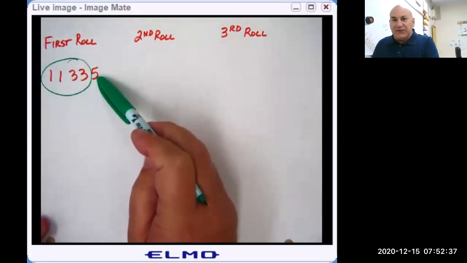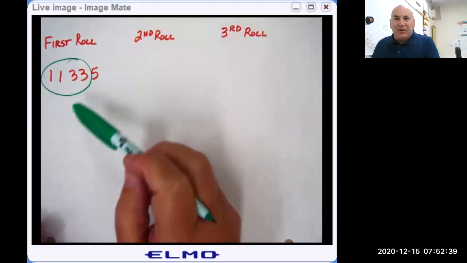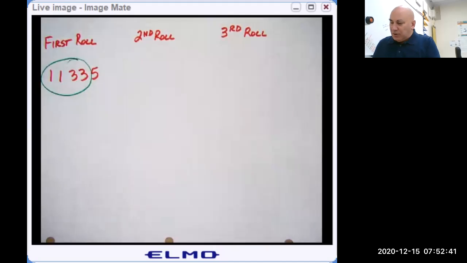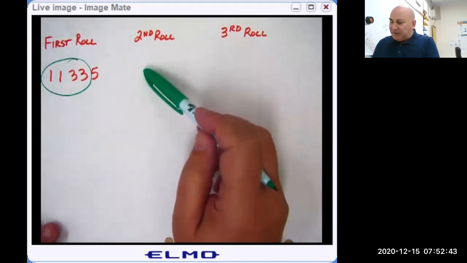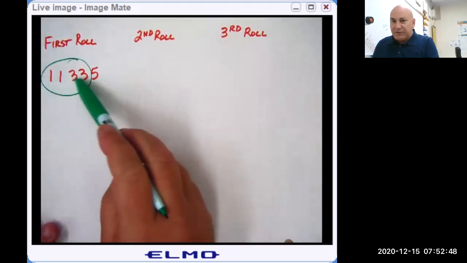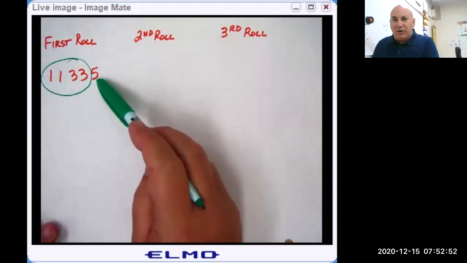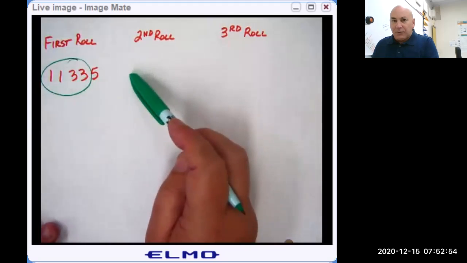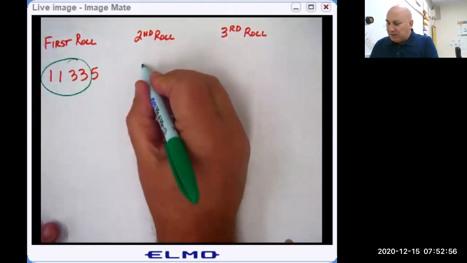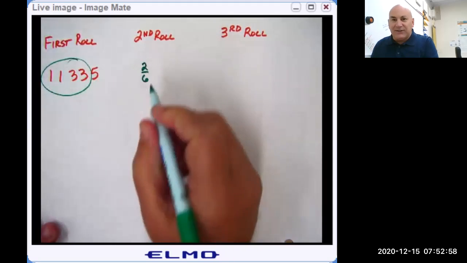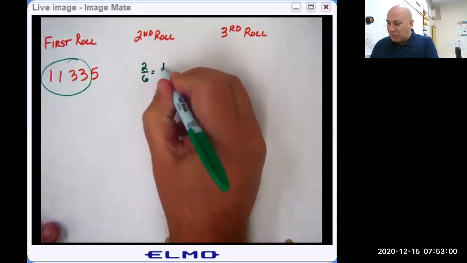What is my probability of getting a full house here on the second roll? I've already got a 1, 1 or a 3, 3. So I need either a 1 or a 3. So my probability is 2 out of 6 that I get it here, or 1/3.